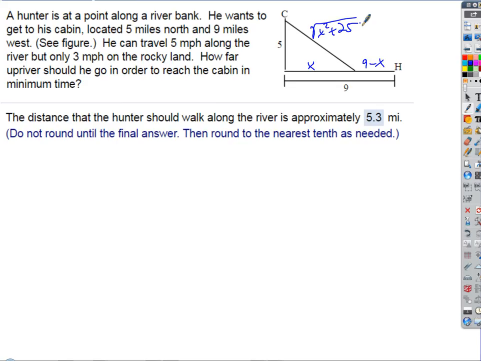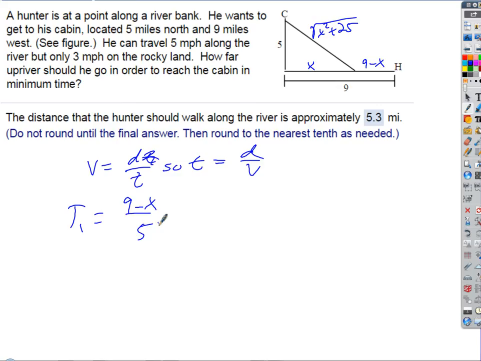If we're going to write this in terms of time, we know that v equals d over t, so t equals d over v, right? Time 1 is the amount of time it takes to go 9 minus x, so t1 equals this distance along the river divided by 5.